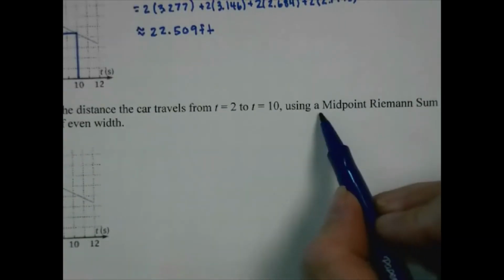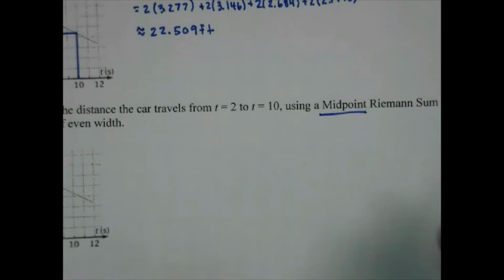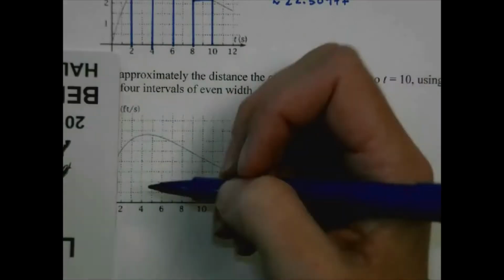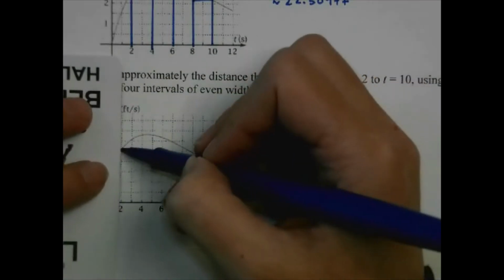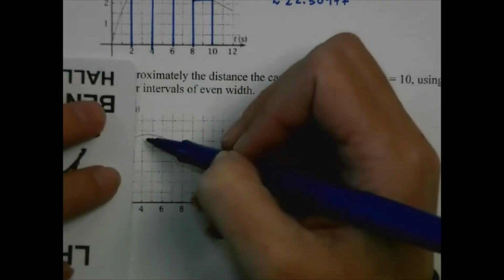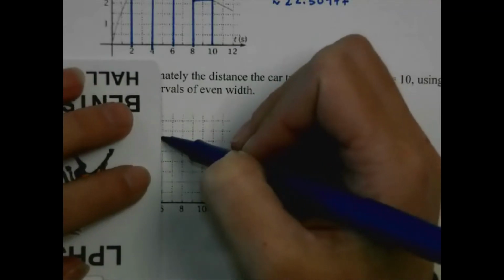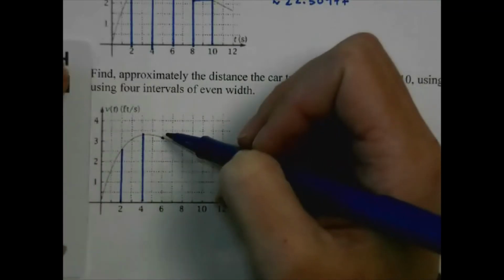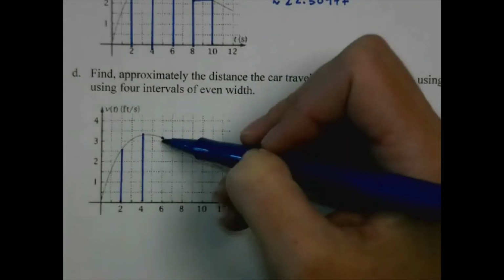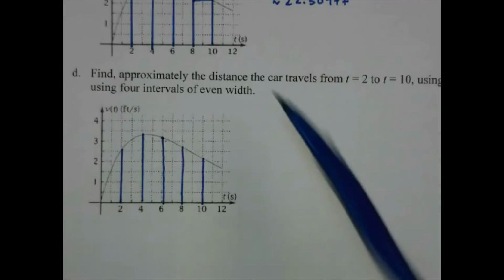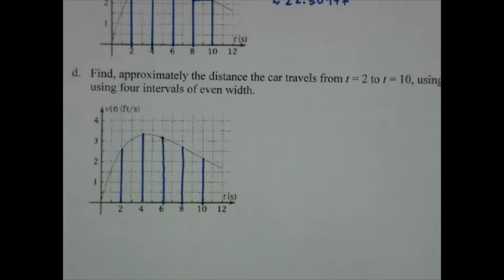For the next one, we're doing a midpoint Riemann sum. So we're still going to draw our lines. But rather than evaluating them at the right or the left, we're going to evaluate at the middle.